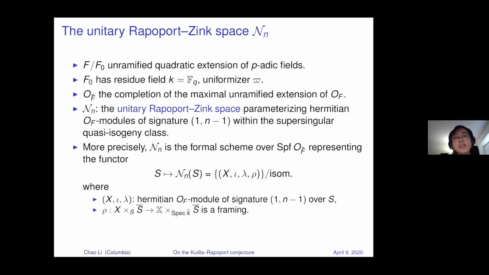More precisely, it is a formal scheme over the formal spectrum of O_F-breve, representing the functor sending a test scheme S to a collection of quadruples, where the first triple is classifying a Hermitian O_F module of prescribed signature condition (1, n-1) over this test scheme, and the extra data is framing, okay, which is a quasi-isogeny between the special fiber of this p-divisible group with the base change of a fixed supersingular p-divisible group over the residue field base changed to the special fiber of S.